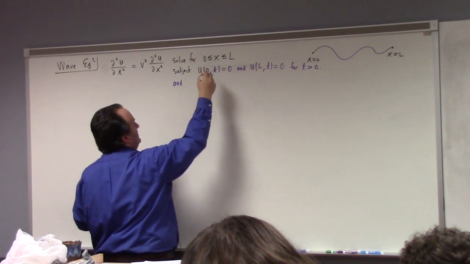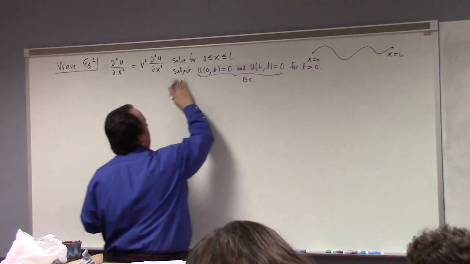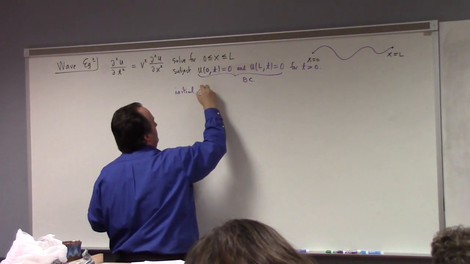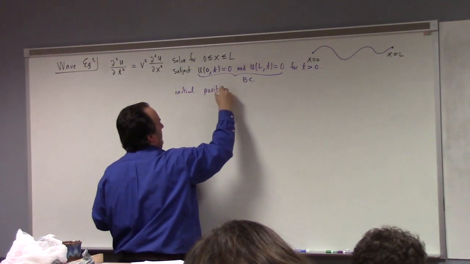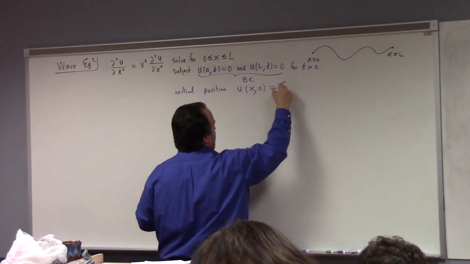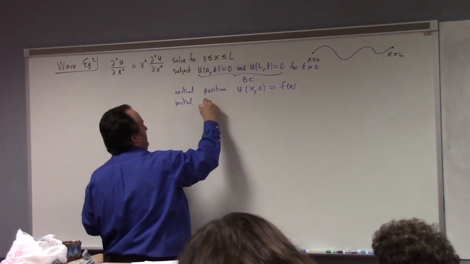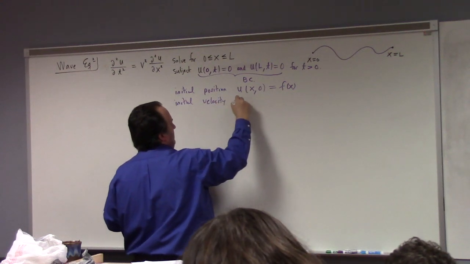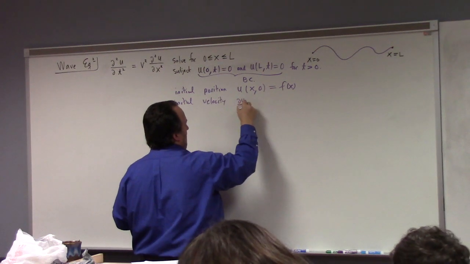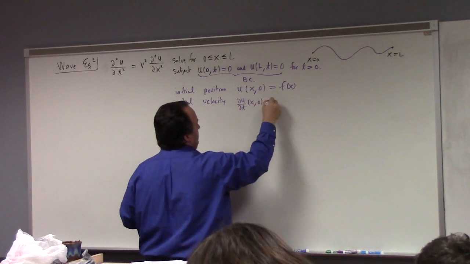Okay, so these are the boundary conditions, of course. Then the initial conditions: position, let's say. That would be u of x comma 0 equals, let's say, f of x, and initial velocity, which we'll say partial u partial t of x comma 0 equals g of x.